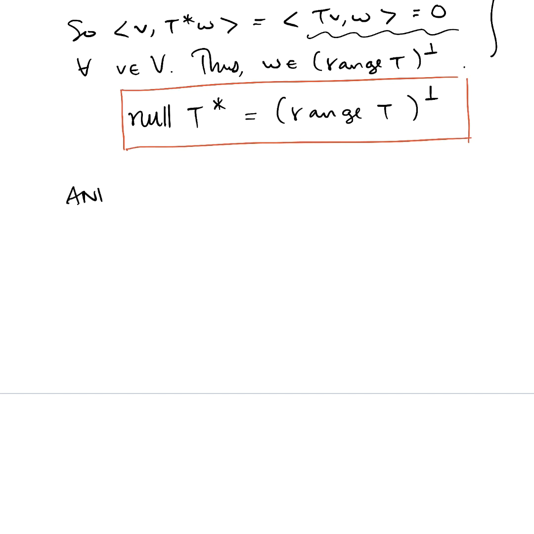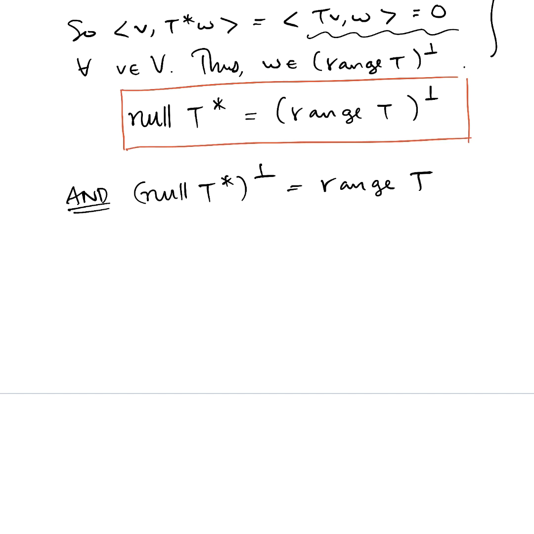So you get a bunch of consequences. What if you perped both sides? Then null T star perp is range T perp perp, which is range T. All of this is happening in finite dimensional vector spaces here in chapter 7.